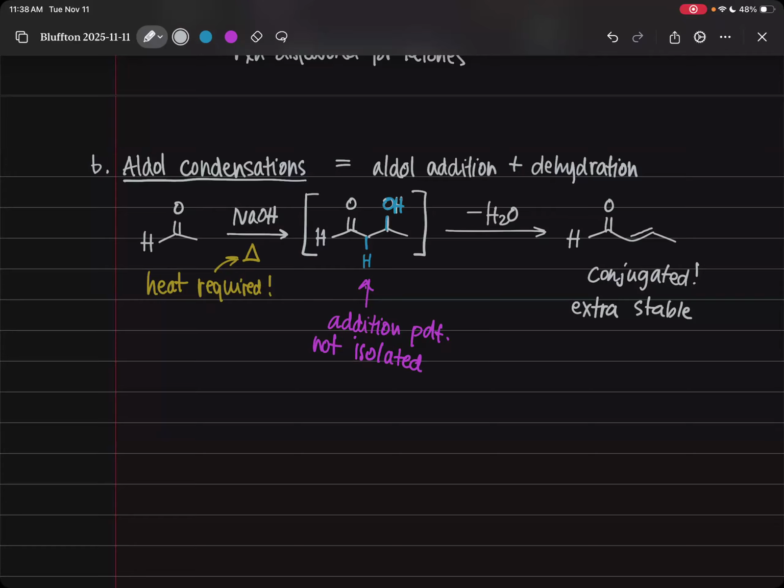So this is very stable, and we call this an alpha, beta unsaturated aldehyde or ketone.